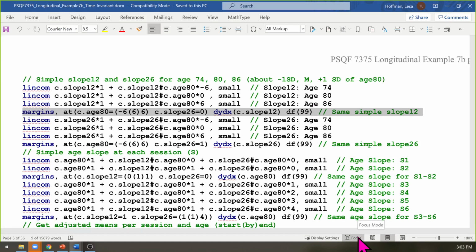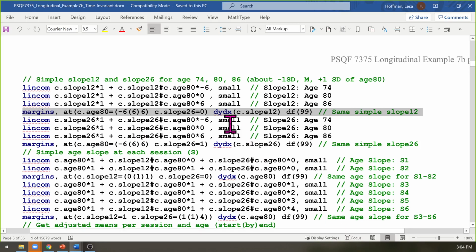dy dx. Does that phrase mean anything to you? Yeah, derivative with respect to x. Don't tell anyone, but we're doing a little bit of calculus. Just a little bit. At least that's where I learned how to do derivatives, in my calculus class.